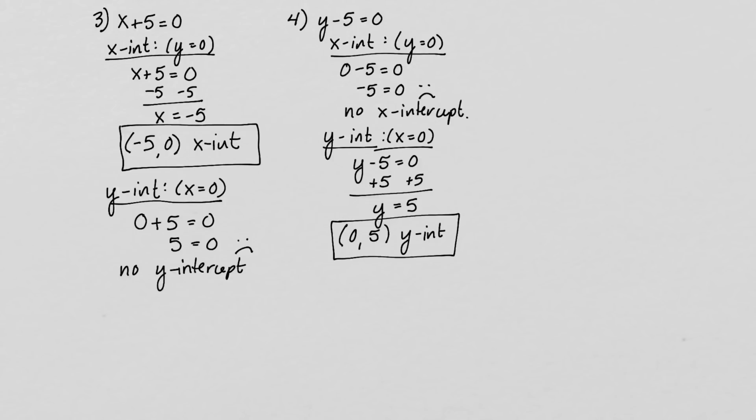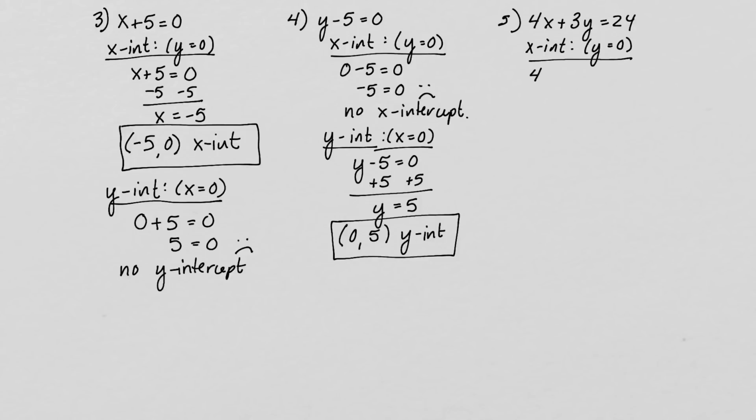So we'll do one more of these. So 4x plus 3y equals 24. Again, we're going to do the exact same thing. The x-intercept we're going to do by setting y equal to 0.